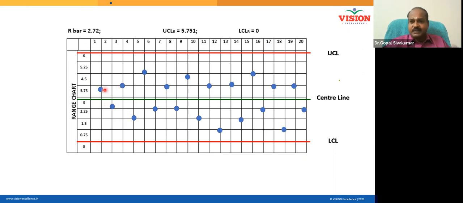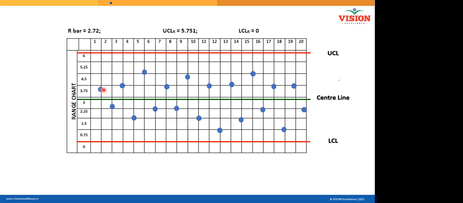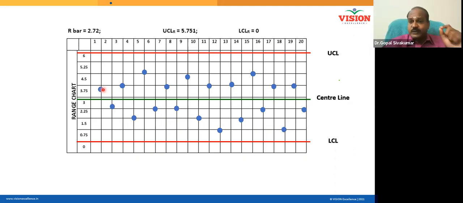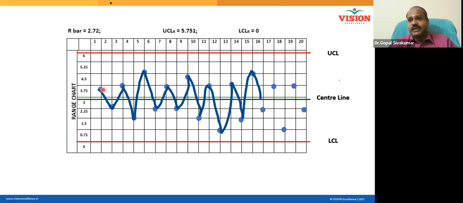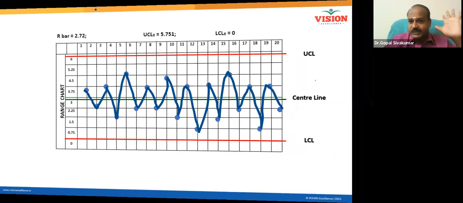So if I select a small sample, the sample can be considered representative of every unit produced in the particular shift. All of you are with me? This is called within batch variation. Within batch variation is under control. If within batch variation is under control, you can proceed to plot the X bar chart.